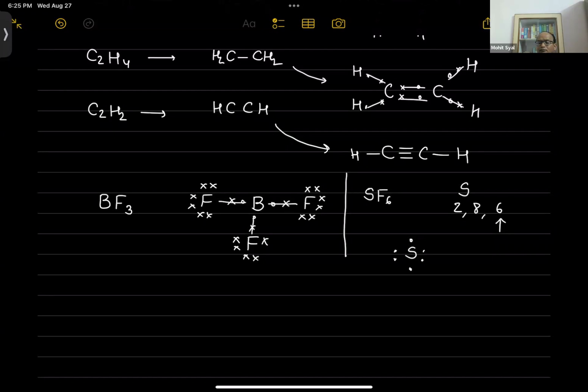Now fluorine has 7 valence electrons. Atomic number is 9, so 7 valence electrons. Fluorine needs to share one of its electrons to make it 8. And there are 6 fluorine atoms, each one of them will share 1 electron, and sulfur will also share its electron.